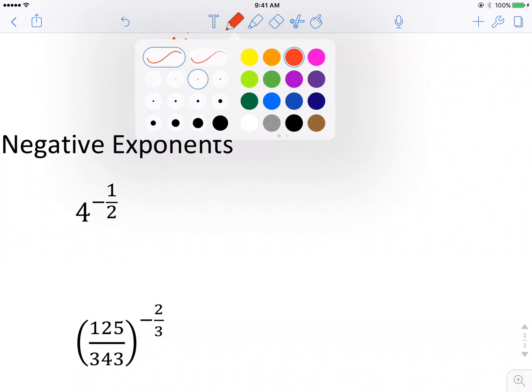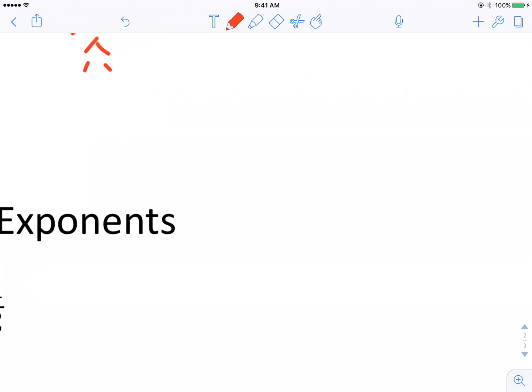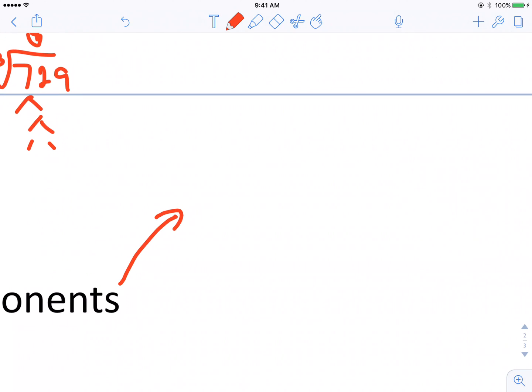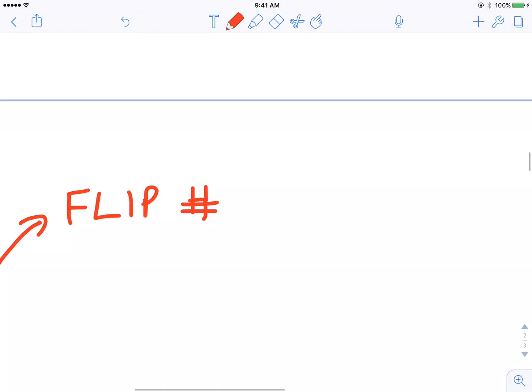So with negative exponents, you have to remember a couple of steps. One, you're going to flip the number and change the sign of the exponent. Flip the number and change the sign.